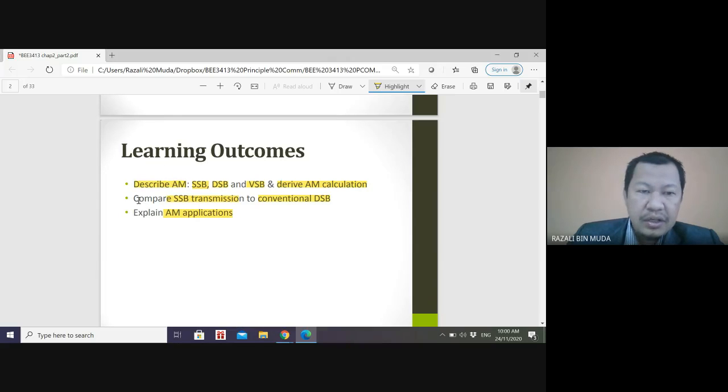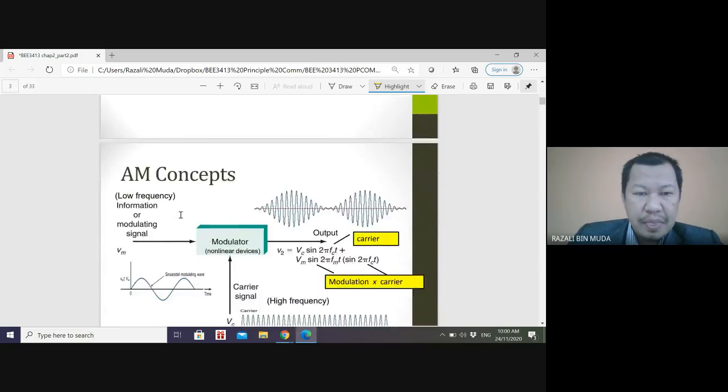Second is to compare SSB single sideband transmission to conventional double sideband AM. And lastly, the student should be able to explain some amplitude modulation applications.